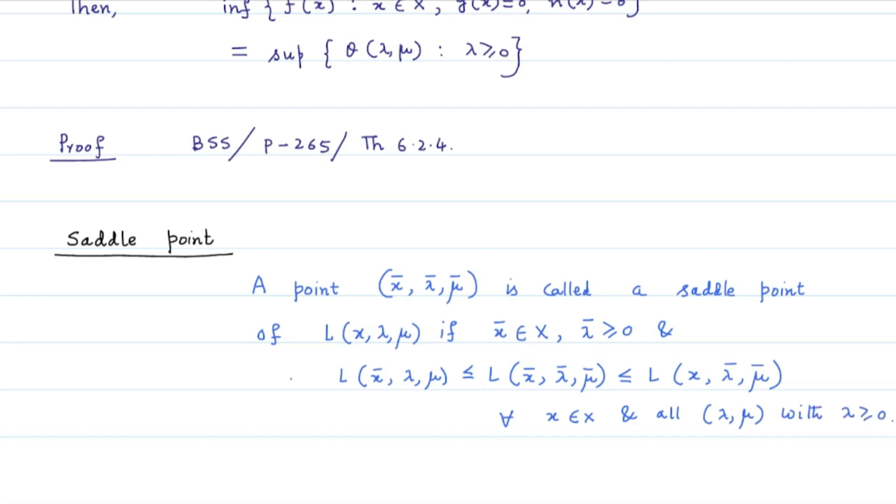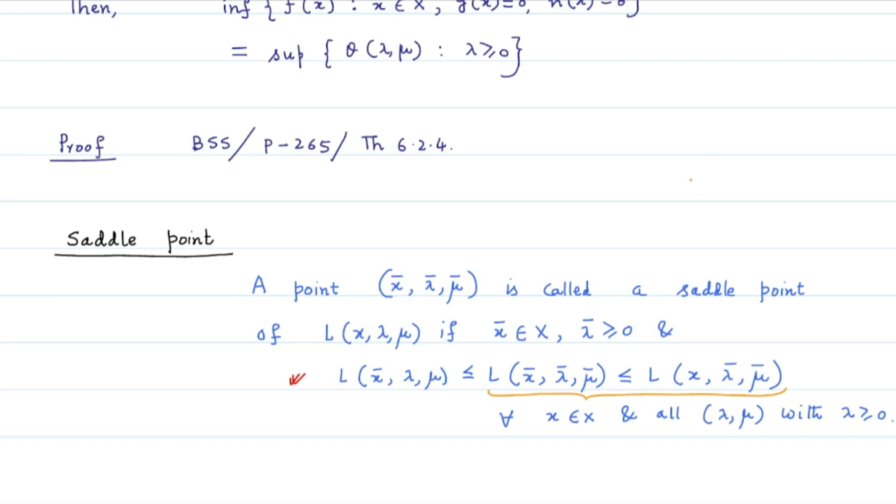We notice that this condition essentially means that x bar is a minimum point of the function L(x, lambda, mu) if we focus our attention only on the values of lambda and mu as lambda bar, mu bar.